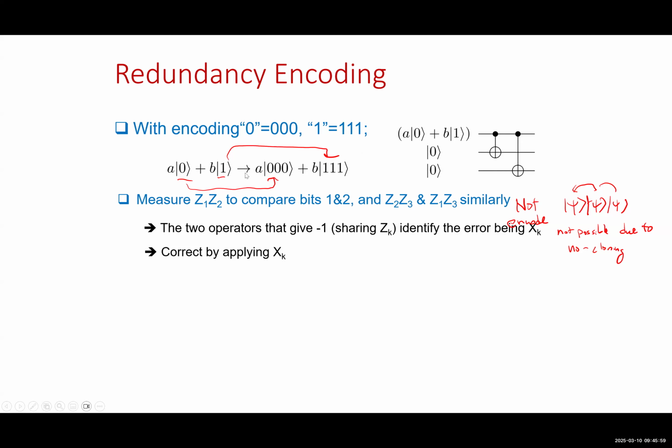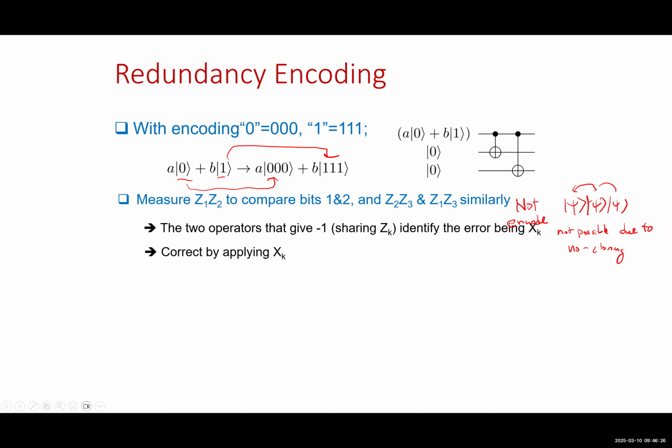So instead, you want to compare the difference. You compare bit 1 and 2. You can measure Z1 Z2. If they are the same, Z1 Z2 will give 1. If they have different bit flips, like 01 or 10, then Z1 Z2 will give a negative sign.